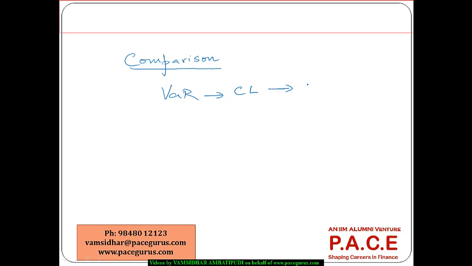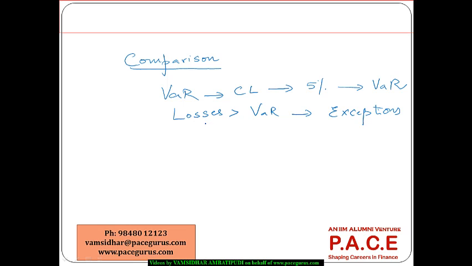It itself says some percentage of the observations will lie outside the VAR. Right? So whatever are the actual values, the actual losses which are exceeding the VAR, we are calling them exceptions.